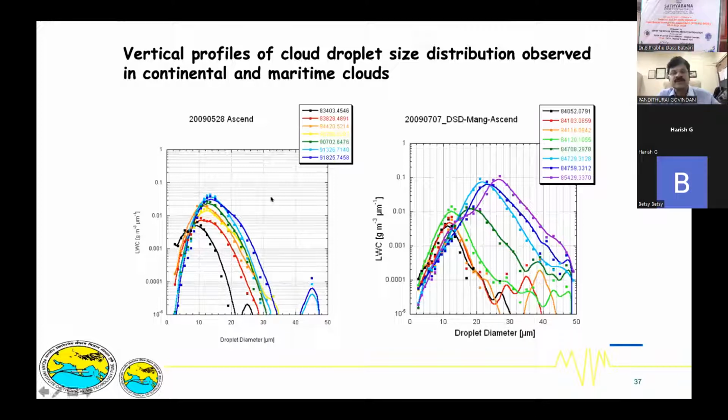This was taken somewhere in the Pathankot region in the northern part of India, in May. The different colors, the last 4 digits, give you information about the height at which these observations were taken. So when we say 4546, it is in meters, 4.5 kilometers. The other one is 4891.